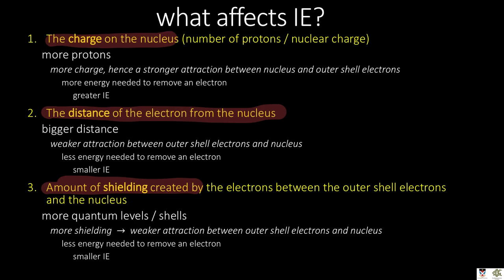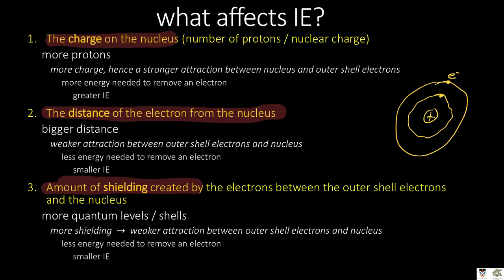If we have electrons in between the nucleus and the outer electron, so let's say that's the nucleus, this is an electron in the outermost shell. If we have energy levels in between the nucleus and that outer energy level, where we have the outermost electrons, there will be a certain degree of shielding. So the electrons on the inside will shield the electrons on the outside from the attraction of the nucleus.